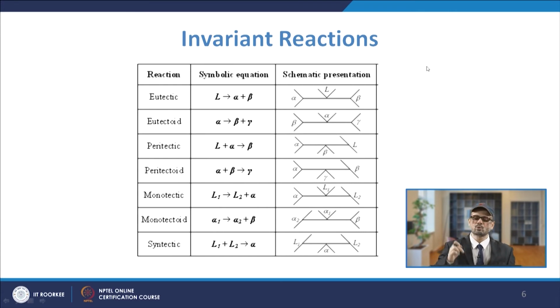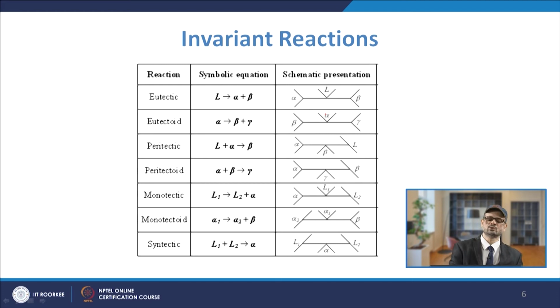While cooling, the liquid will be converting to 2 solid mixtures, that is, liquid converting to alpha plus beta. Similarly, when you heat, the alpha plus beta will ultimately form liquid at a particular temperature. Similarly, in the case of the eutectoid reaction, you will have a solid phase alpha converting to beta plus gamma when you are cooling.